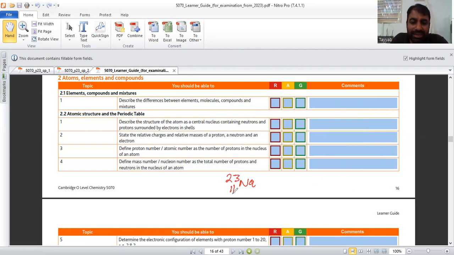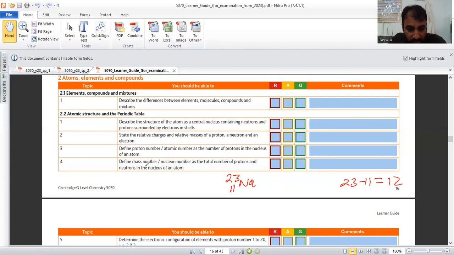This means it contains 11 protons. And what is the difference of 23 minus 11? This is equal to 12, which means it contains 12 neutrons. So you are clear with proton number. This is also called atomic number: the number of protons in the nucleus of an atom is called proton number.